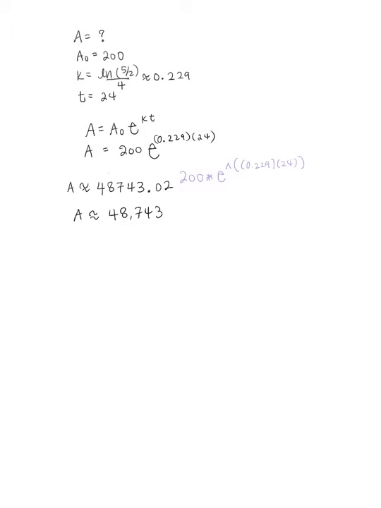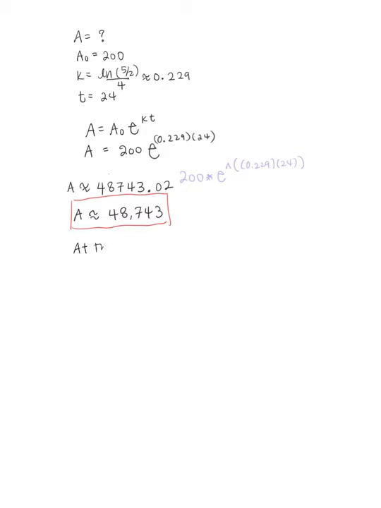Let me just box this. So what we have just solved for is that at our rate k, which was approximately 0.229, the number of bacteria at the end, meaning after 24 hours, you can expect to have 48,743 bacteria. So I'm just going to write that out.